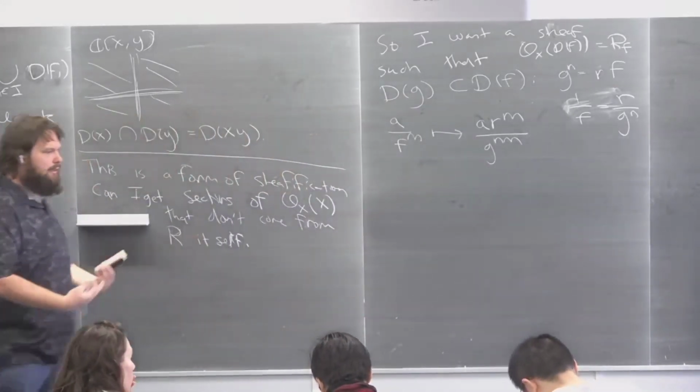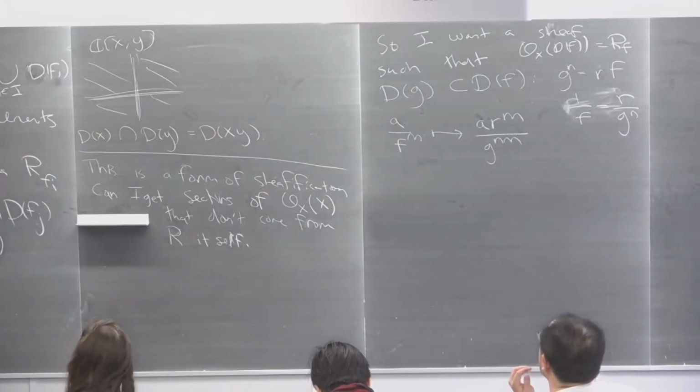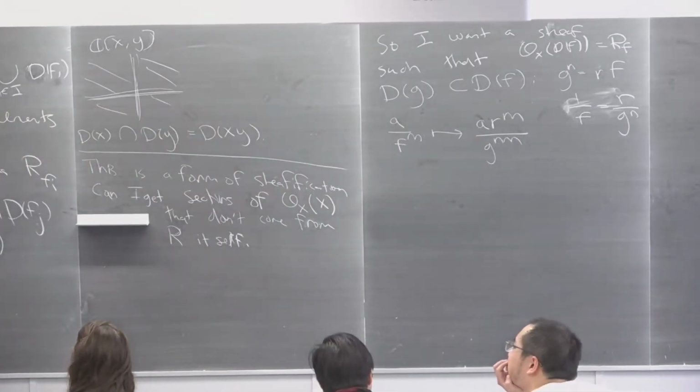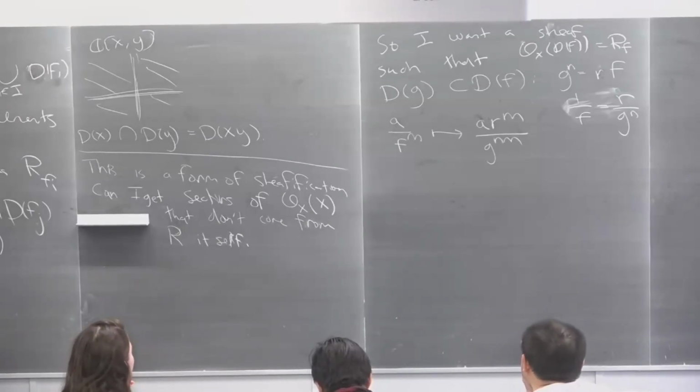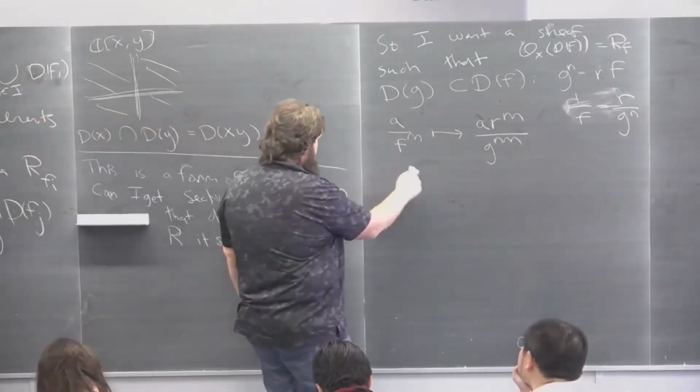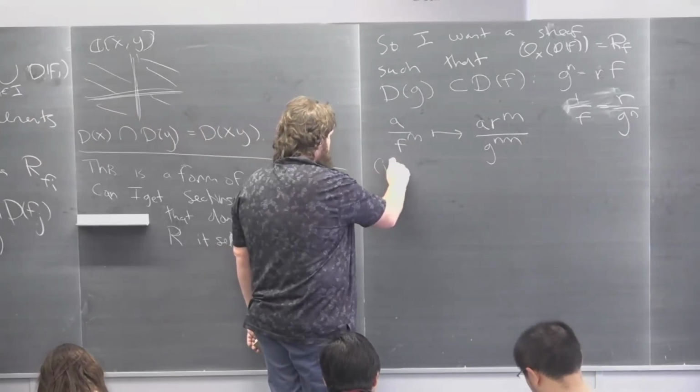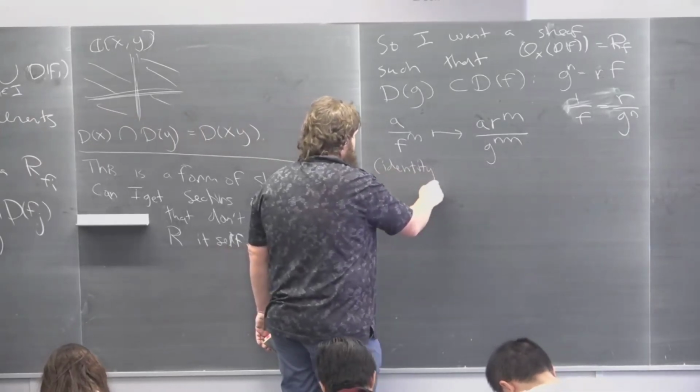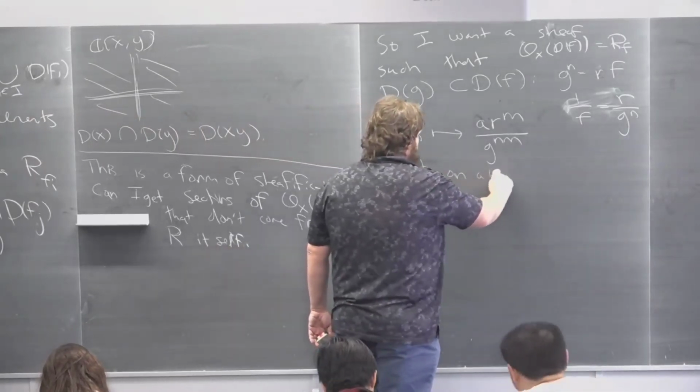And then what do I need to check? The identity and gluing axioms. Well, the identity axiom is pretty easy. So, identity on a base.